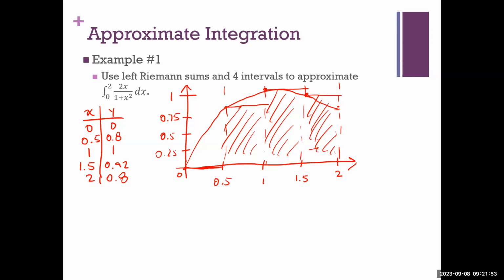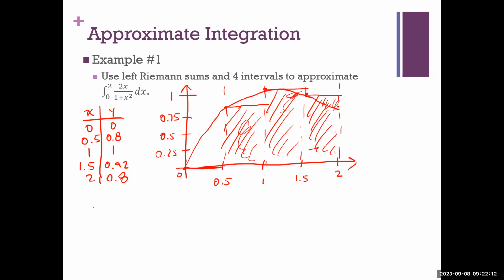So that'll give us an estimate, but how good do we think that estimate is going to be? I have one real concern. What are we going to get for the area on that first subinterval? We're going to get a 0, right? So let's talk about that now.